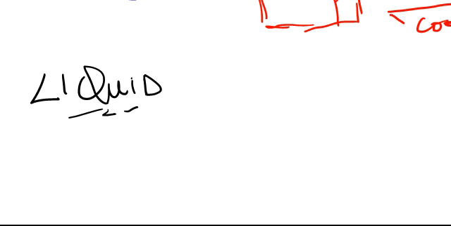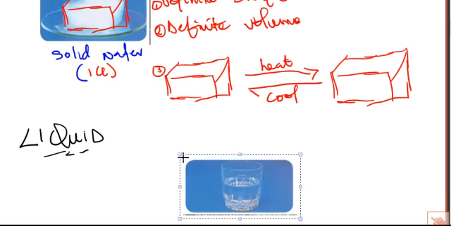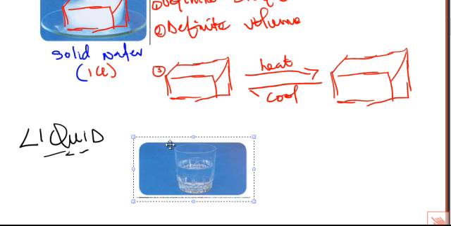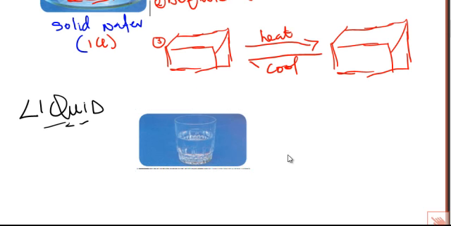So this is the ice, this solid one here, and it is in another form here. So this is the liquid state, the normal state of water that we know it to be.